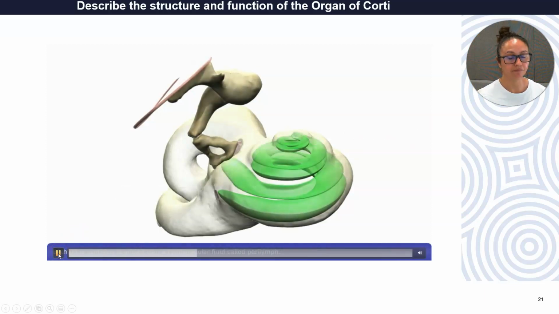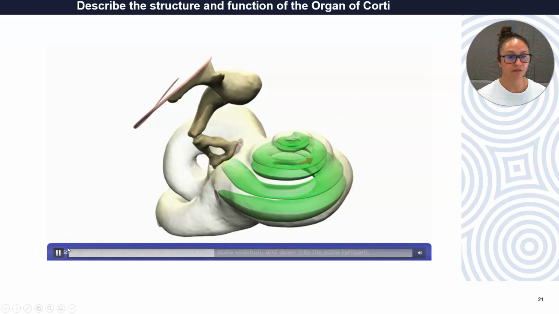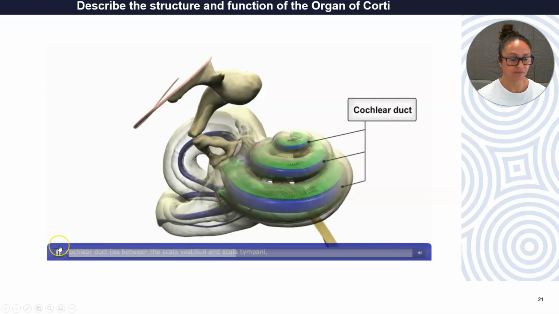Both these corridors are filled with an extracellular fluid called perilymph. Pressure waves travel through the perilymph up the scala vestibuli and down into the scala tympani, arriving at the round window and causing it to bulge out into the middle ear. The cochlear duct lies between the scala vestibuli and scala tympani and is filled with an extracellular fluid called endolymph.